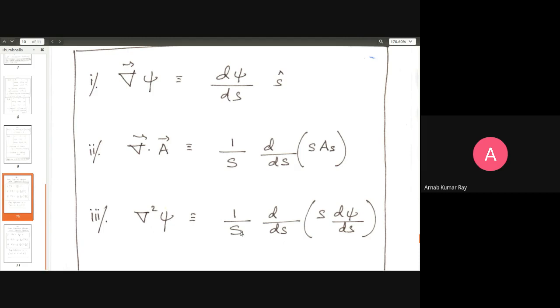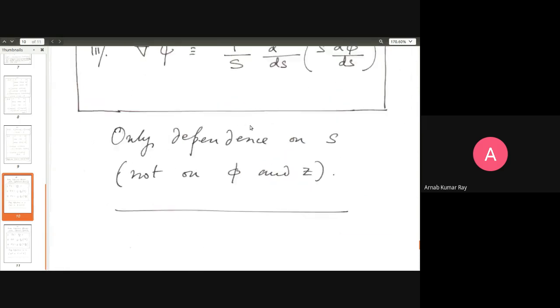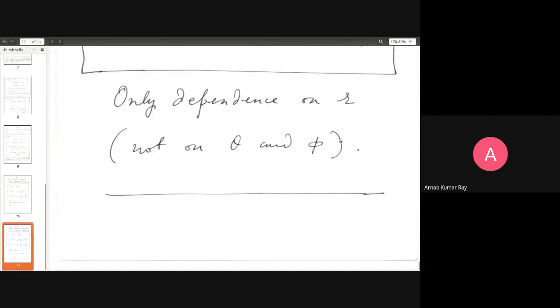So there's a pattern that you should be able to recognize. In the Cartesian system, it's raised to 0. In the cylindrical system, the first variable s is raised to 1. And in the spherical polar system, it is r raised to 2. So 0, 1, and 2, in a proper logical arithmetical sequence.